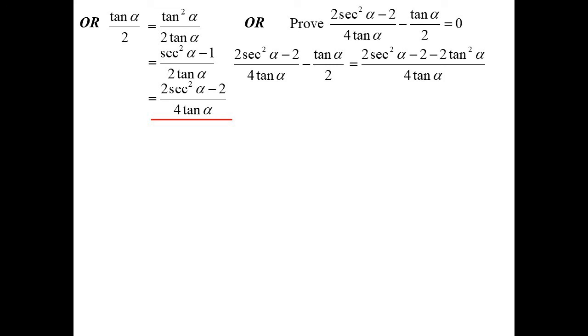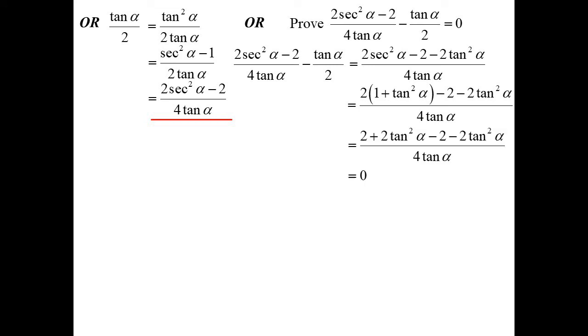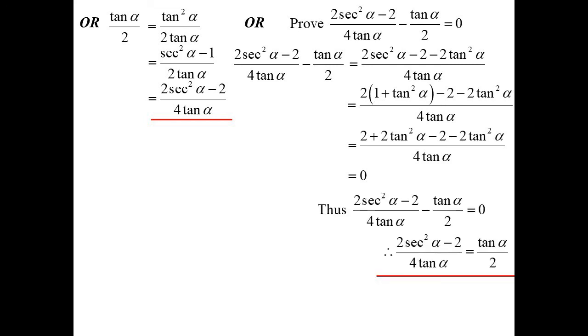But on the top, I'll now end up with 2 sec squared alpha minus 2 minus 2 tan squared alpha. But sec squared is 1 plus tan squared, and we end up with 0. So I have proved that that is equal to 0. Now that I know that is a fact, I can say, thus, if I move this over, it must be true. And so I've proved my identity.